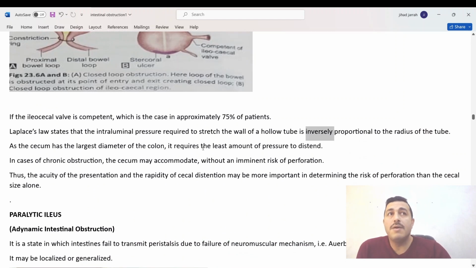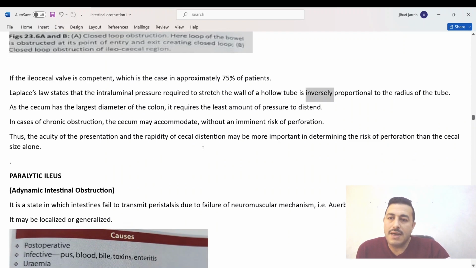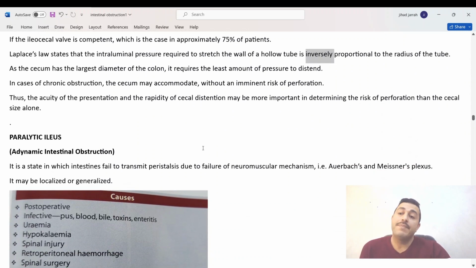Laplace's law, we discussed it. The greater the radius, the greater the diameter, the less the pressure needed to inflate and increase the tension on its wall. It's important also here to notice that it's not just measuring the diameter or the size of the cecum per se. It's also the acuity, because the cecum can get significantly large over a long period, so it accommodates.